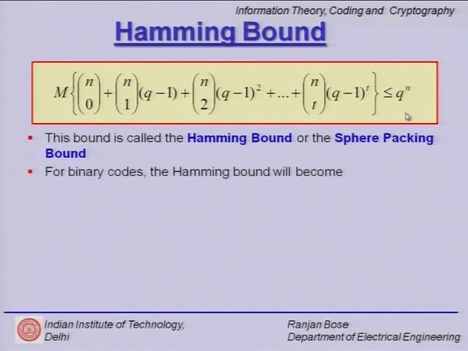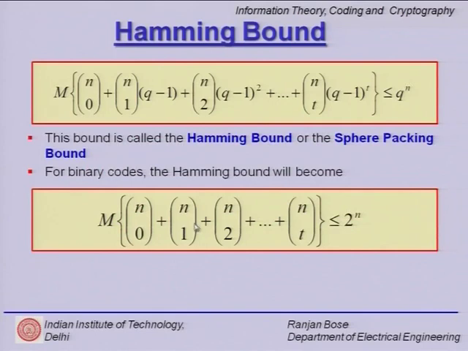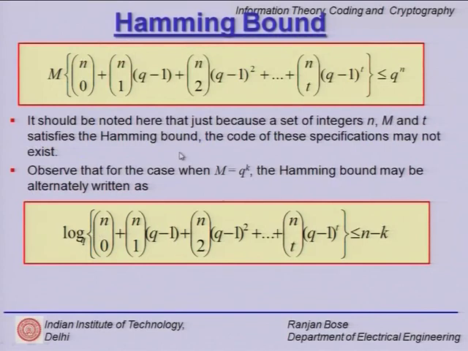Now, this is in general for q-ary codes, but for binary codes things become slightly simpler. You can always put q as 2, and all of these (q minus 1) terms go away, and you get this kind of expression. Please recall that M is nothing but 2 raised to the power k. Okay.